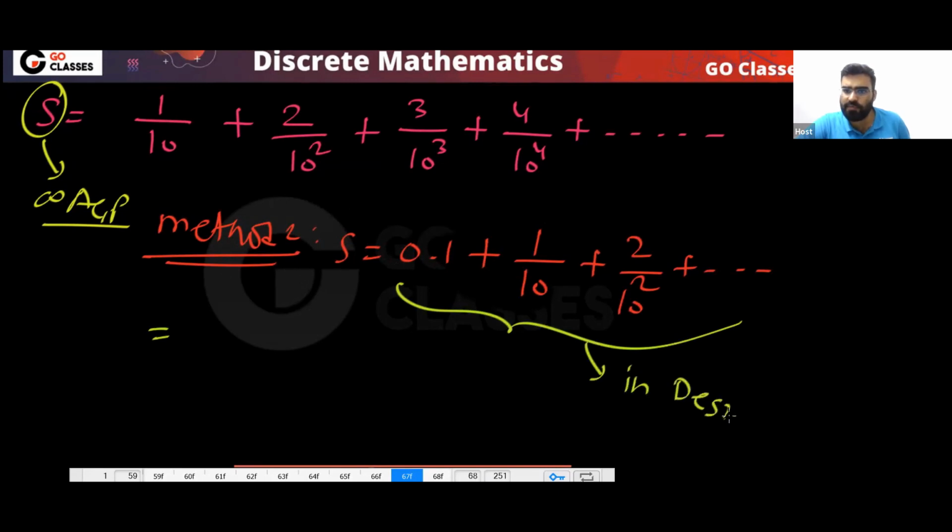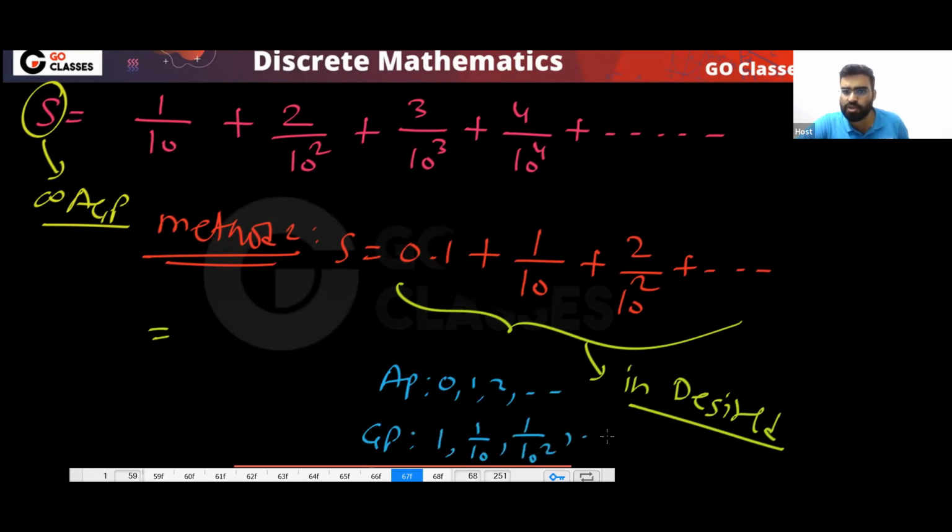Why is this in the desired format? Because your AP is 0, 1, 2, and so on, and your GP will be 1, 1 by 10, 1 by 10 square, and so on. So your GP is also in the desired format, AP is also in the desired format.